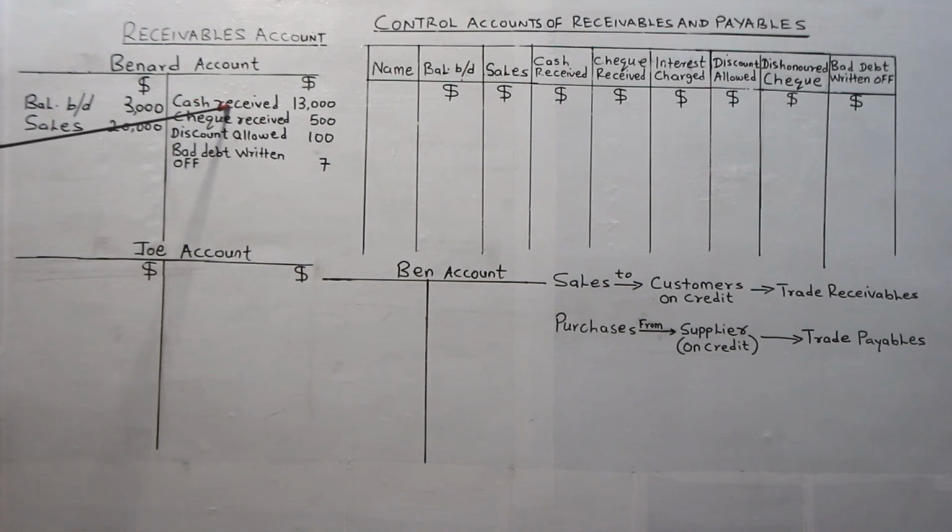When cash is received from Bennett, that is receivable, of $13,000, it reduces the total of $23,000 that Bennett is owing. Of course, we receive from receivables because they are owing us. The amount received from Bennett is $13,000.